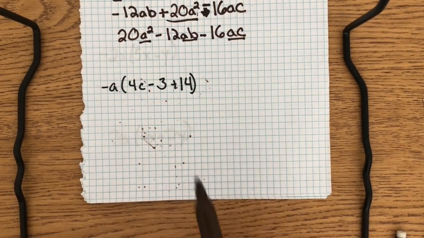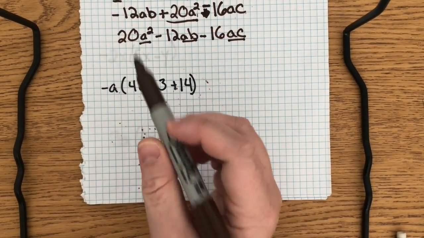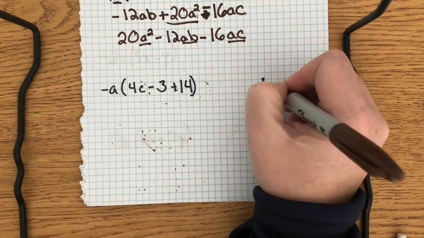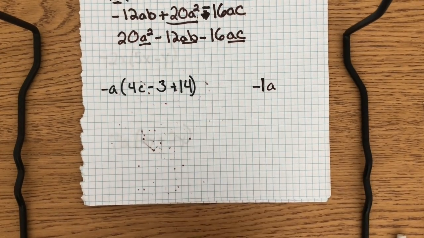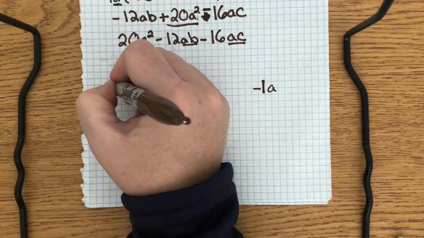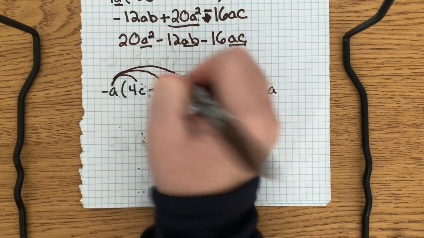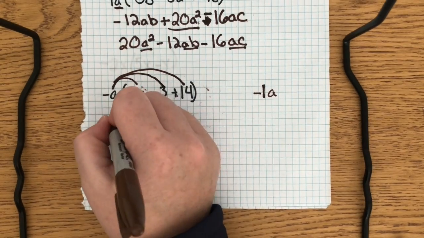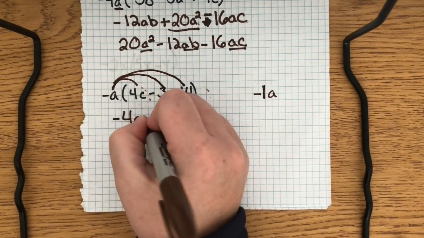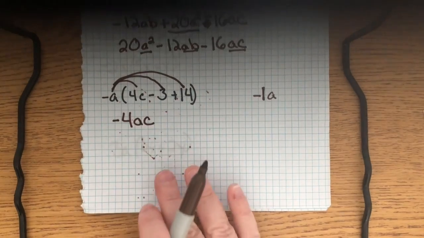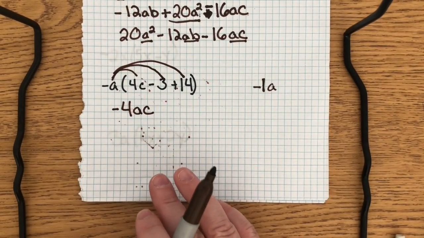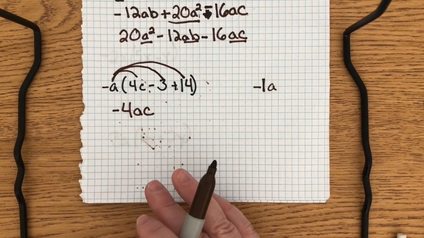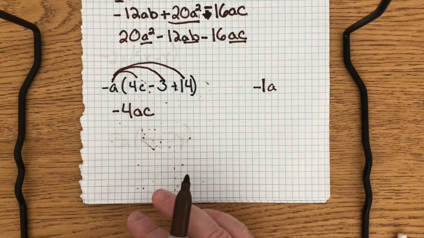Okay, last term, -a. Well, remember, we assume that if there's a variable, there's an invisible 1 there, but we don't have to put the 1. So we're going to distribute -a to our 3 terms. So -a times 4c, this becomes -4ac. Now, if you notice, I am putting the variables in alphabetical order.